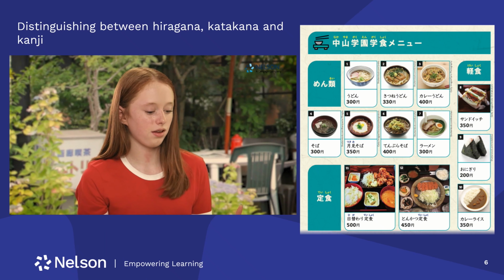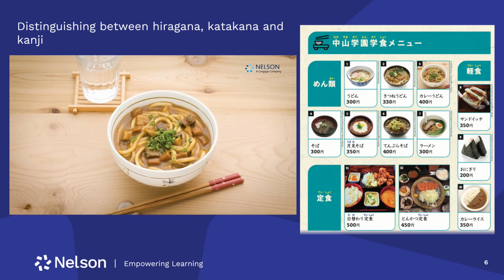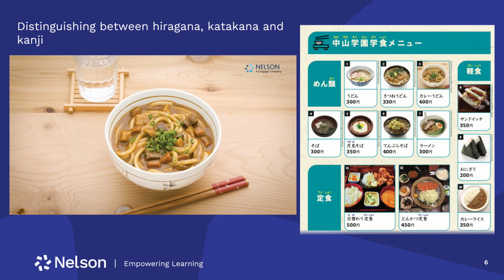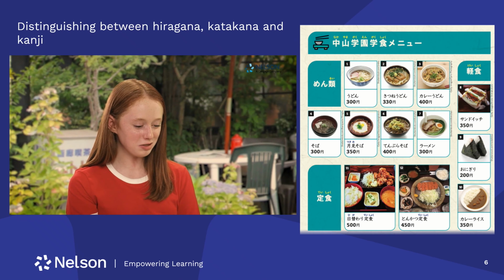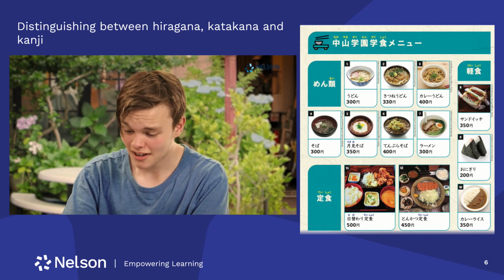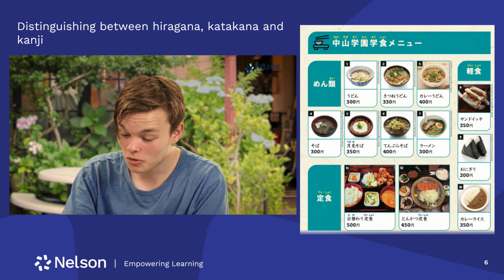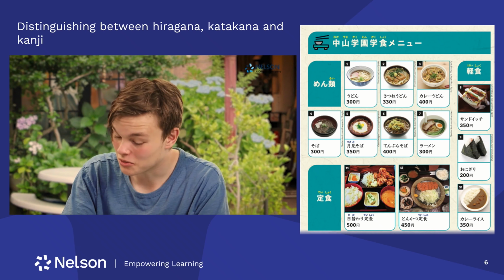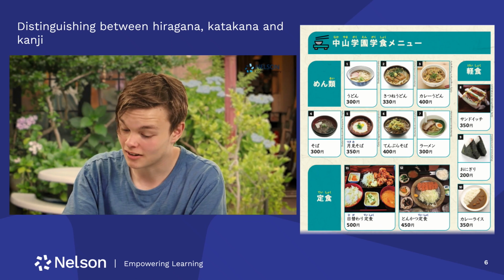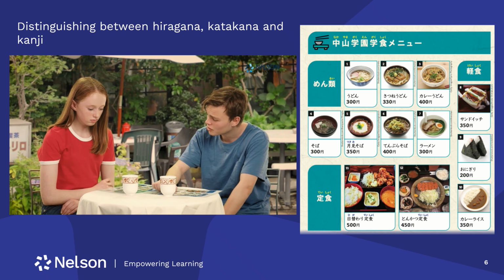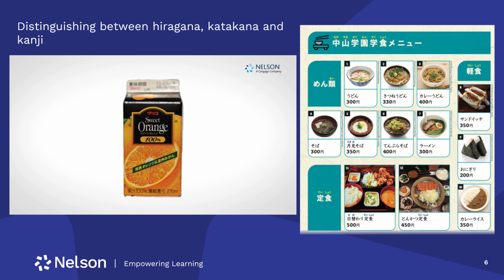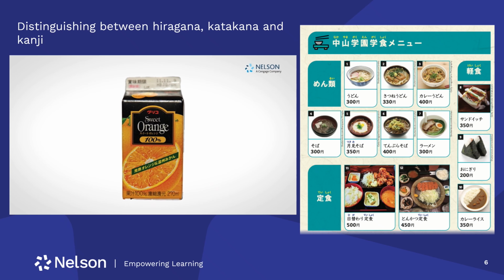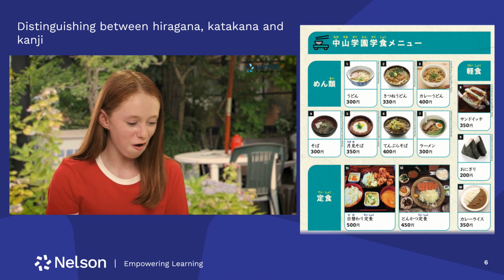Don't tell me. Curried noodles? You're right. Kare means curry. That doesn't sound Japanese. It's more like English. Yeah, actually, all the words in katakana come from other languages. That's why they're written in katakana and not hiragana. Have a look at number 13. It says orange juice. Orange juice. Come on. What's the next one?